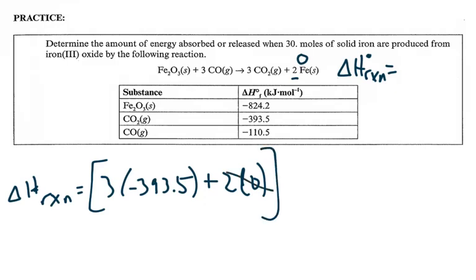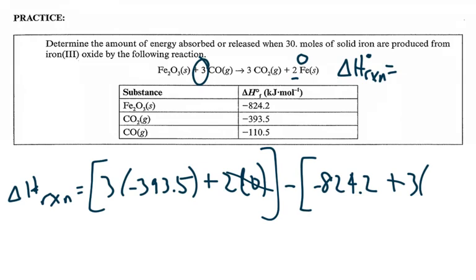So it'll be the sum of the products minus the sum of the 2 reactants. Now there's only one Fe2O3, so that value is negative 824.2 plus there are 3 carbon monoxide, so we have to multiply that by negative 110.5.